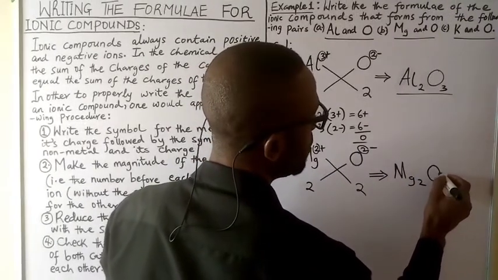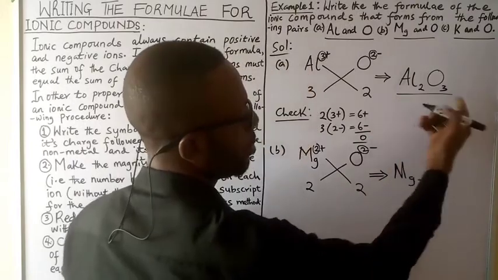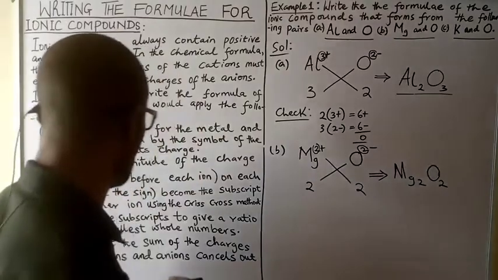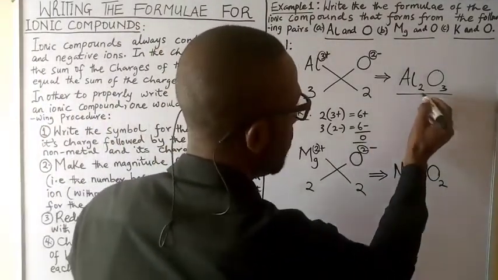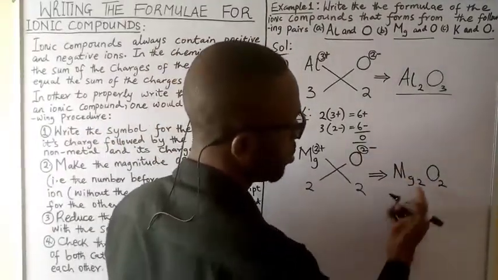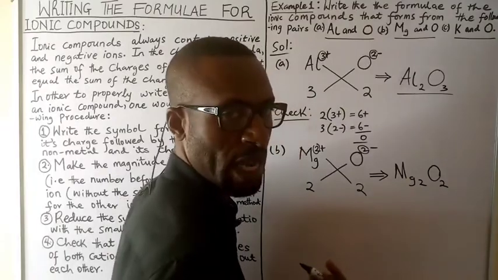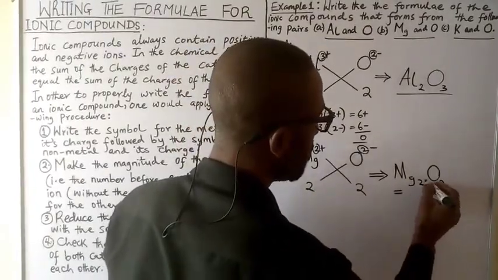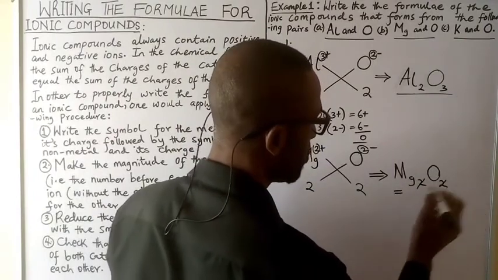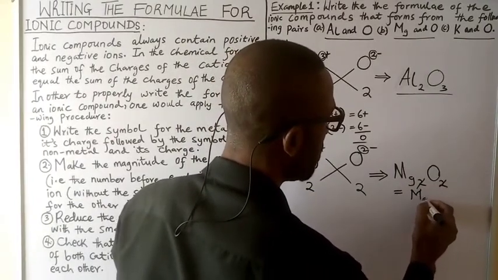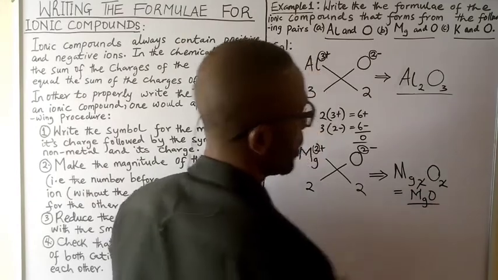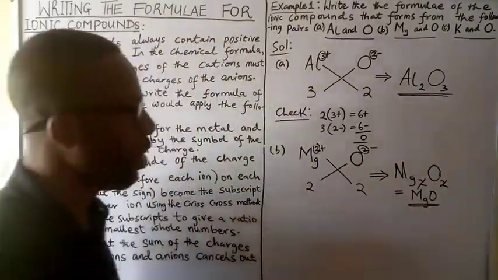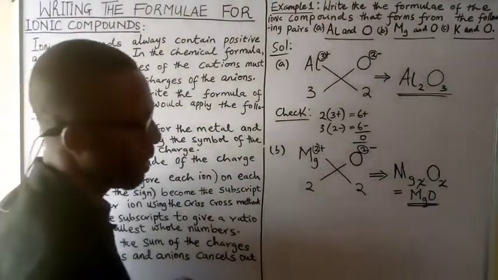But we cannot leave this like this. Unlike the previous one, we couldn't have reduced it to give a whole number ratio. It's not possible there. But here you can see that we can reduce it because 2 can cancel out 2, or 2 divided by 2 is equal to 1. So when we reduce this, we cancel these 2, and we have now what? MgO. So this is the chemical formula of this particular ionic compound, MgO.